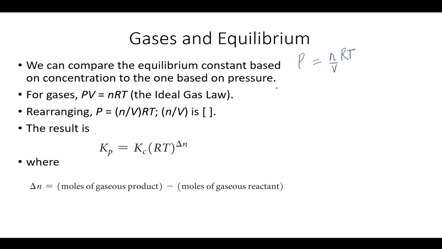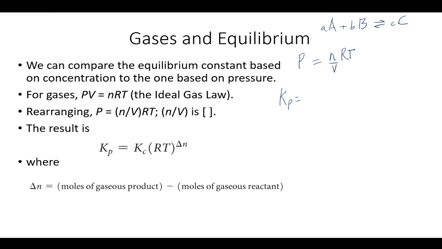Okay, so if we think about Kp for some reaction here, let's think A moles of A is combining with B moles of B to form, in a reversible equilibrium reaction, C moles of C. So I'm writing just a generalized expression, right?